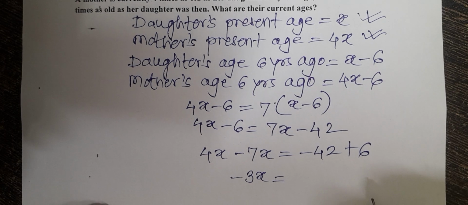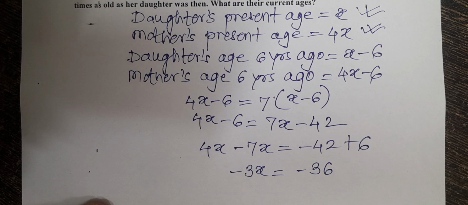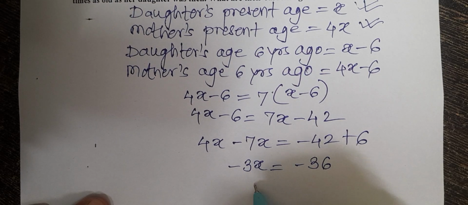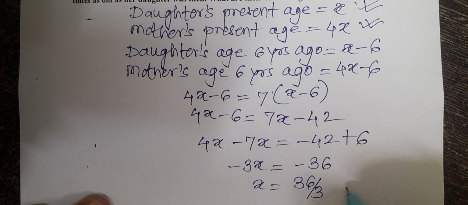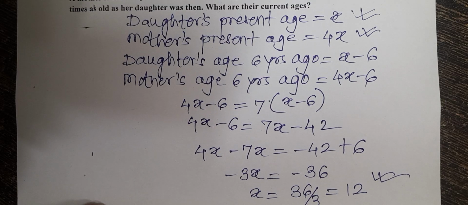So minus 3x, this is the minus 36. So minus plus, so x is equal to 36 by 3. So this is 12. So we have got value of x is 12.